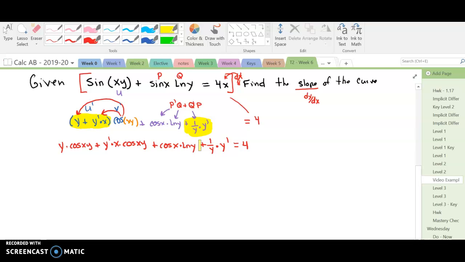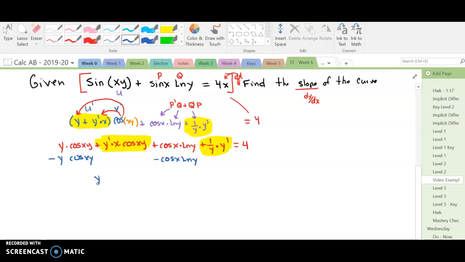Now it's easier to see that I have a y prime here and a y prime there. Everything else goes to the other side. So I'll subtract y cosine xy, I'll subtract cosine x ln y.